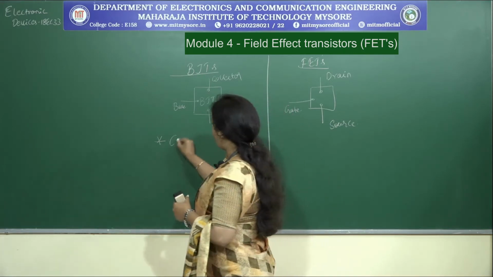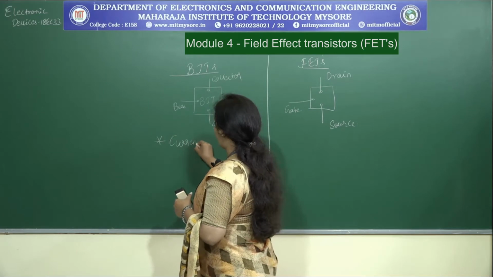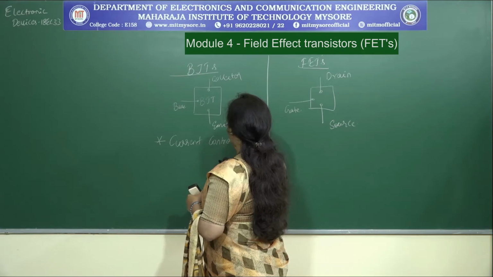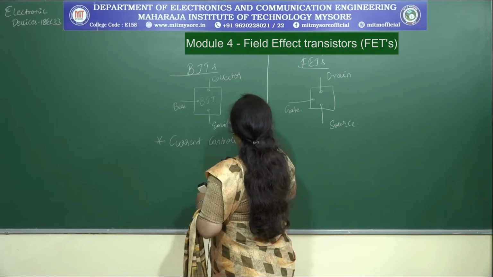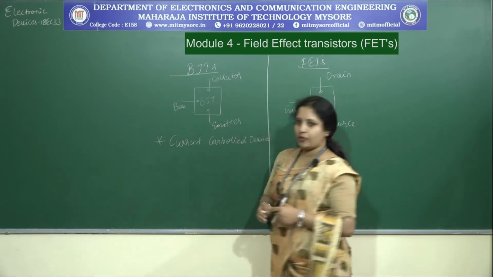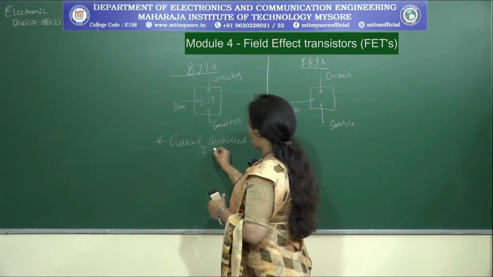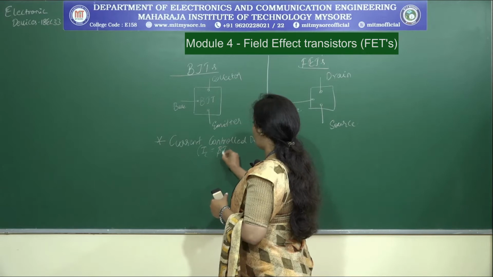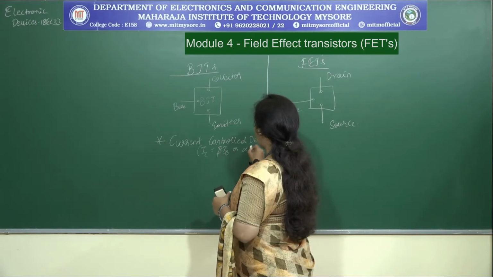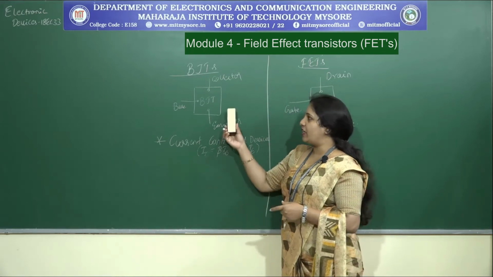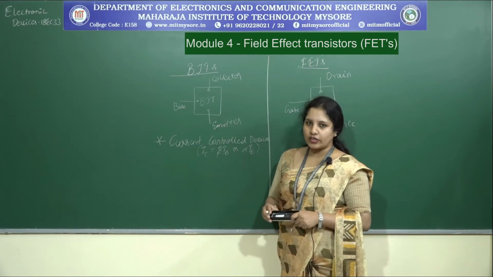So this kind of device, whatever kinds of BJTs, these are called current controlled devices. Here the current is the one which plays the major role. So, these are the 2 equations which clearly indicate that this BJT is a current controlled device.